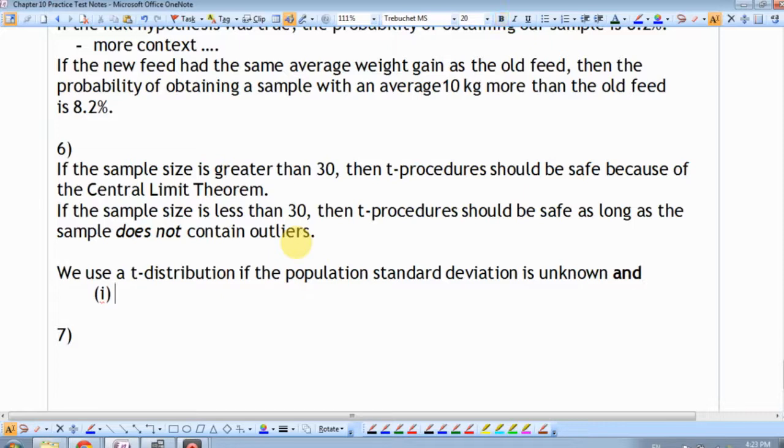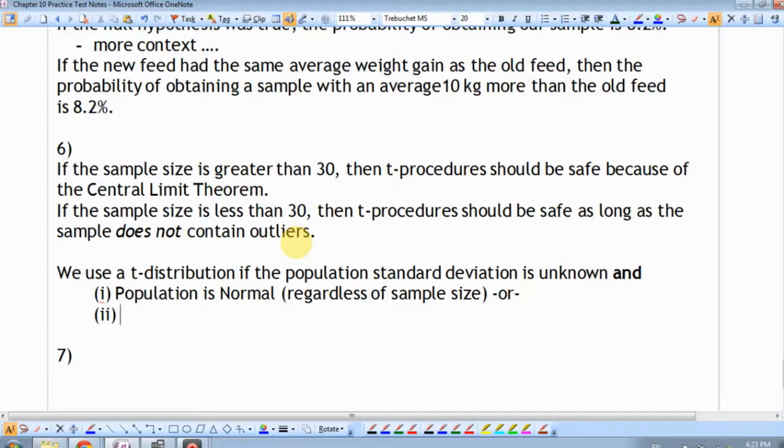Number 1, population is normal. Or sample size is large, greater than 30.